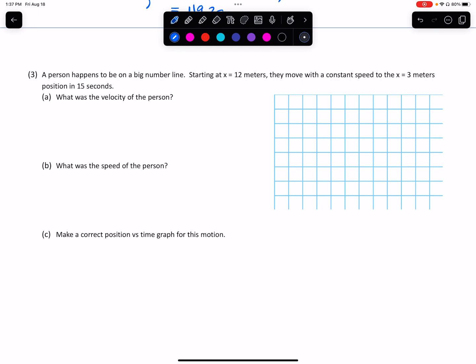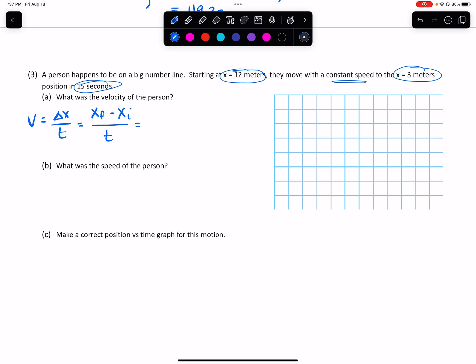All right, last one. This one has a graph involved. A person happens to be on a big number line. They start at position 12 meters and move with a constant speed to 3 meters in 15 seconds. What was the velocity? Here I know that velocity is equal to the change in position divided by time. So that means my final position minus my initial position divided by the time it takes me to move.